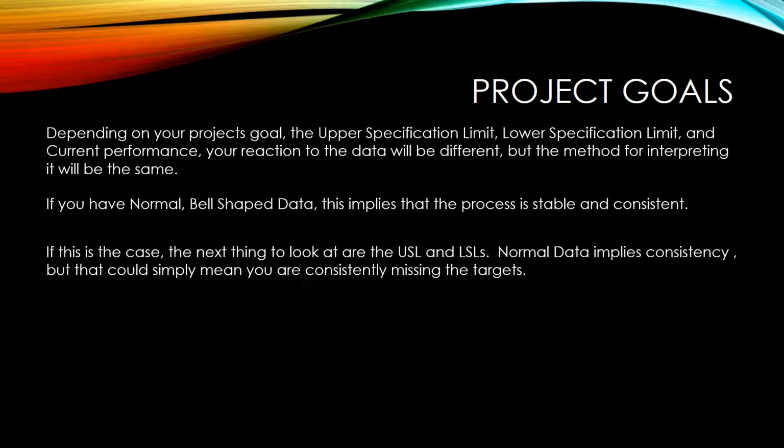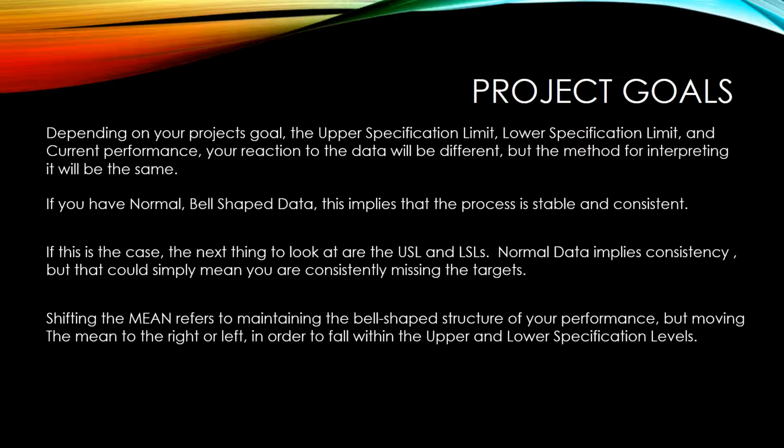Normal data implies consistency, but that could simply mean that you're consistently missing the targets. So we're going to talk a bit about shifting the mean, and that refers to maintaining that bell-shaped structure of your performance, but moving the mean to the right or the left in order to fall within upper and lower specification levels. So we'll take a closer look at that in a moment.